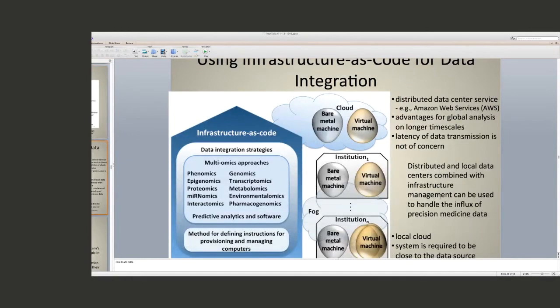So you're supposed to scale out, and there's a little bit of text on this, but this is the infrastructure as code model, where you have methods for defining the instructions for provisioning and managing computers.